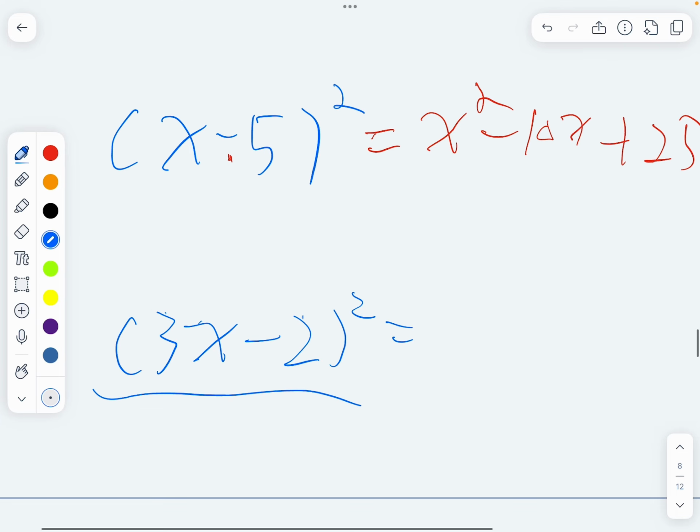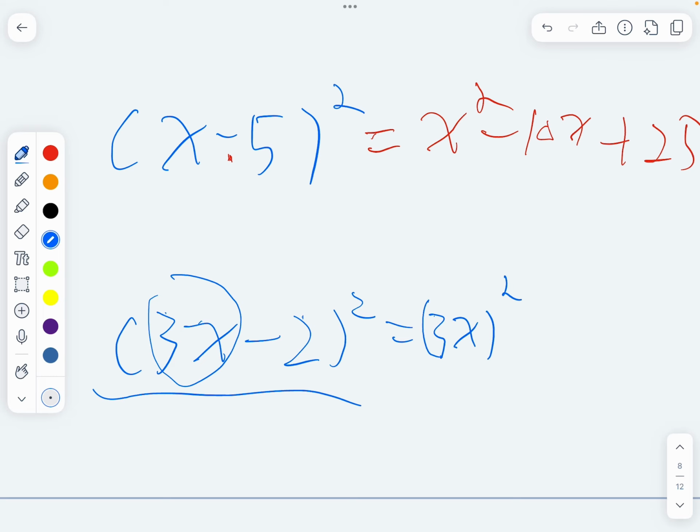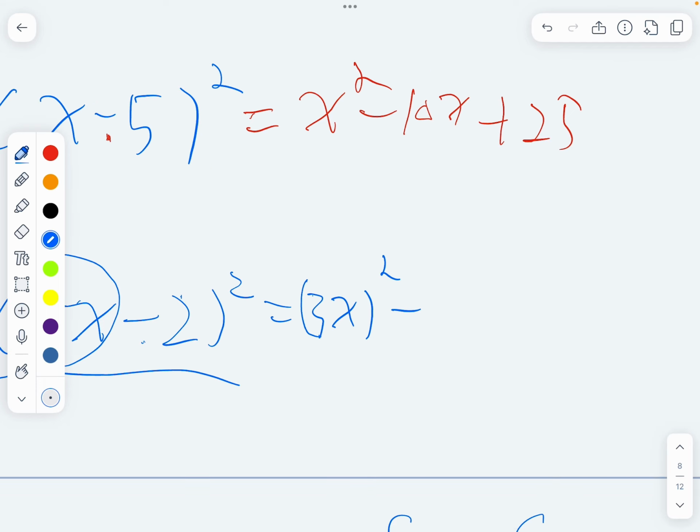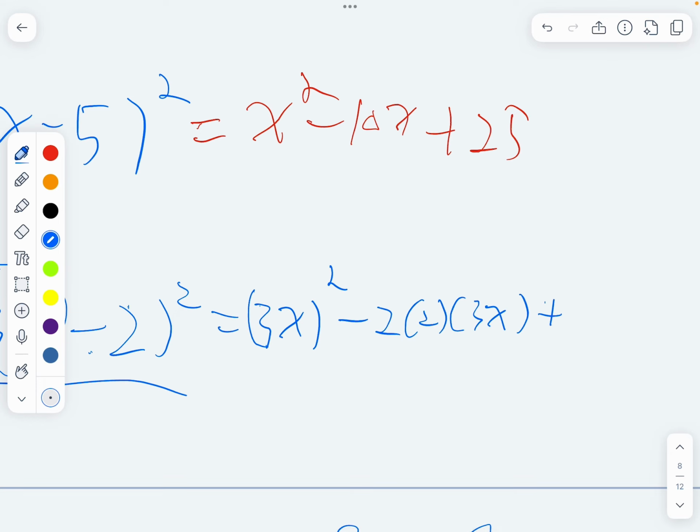So the first is 3x squared, and since this is the negative, we need to write negative 2 times 2 times 3x, but the last one is plus 2 squared. It's going to be equal to 9x squared minus 12x plus 4.